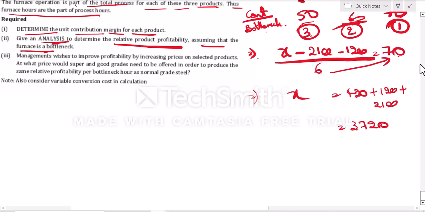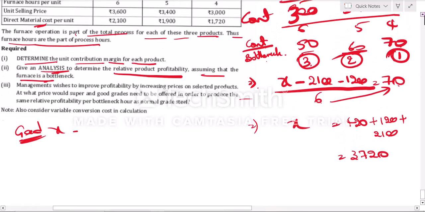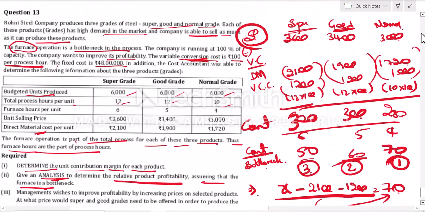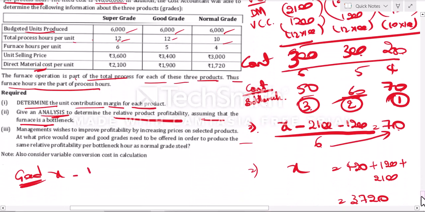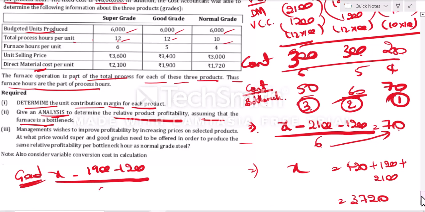This is for super, and for good, x minus, what is the variable and raw material cost for that? 1900, 1200. X minus 1900 minus 1200 divided by bottleneck resource 5 hours equals how much they want?